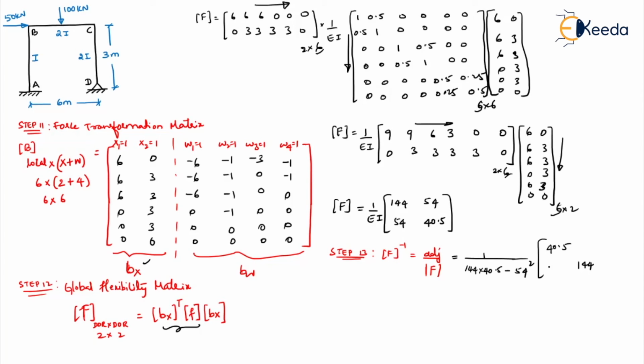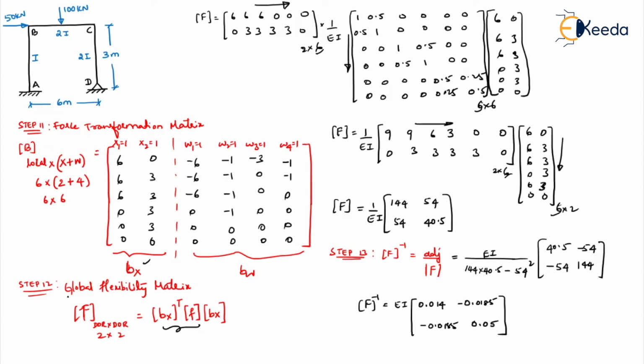This alternatively you change, and this you have to put a negative sign. I mean change the sign. So if you simplify this, you will get your F inverse. Your EI will be on the top here. EI into 0.014, 0.0185, minus 0.0185, 0.05. So this is your F inverse.